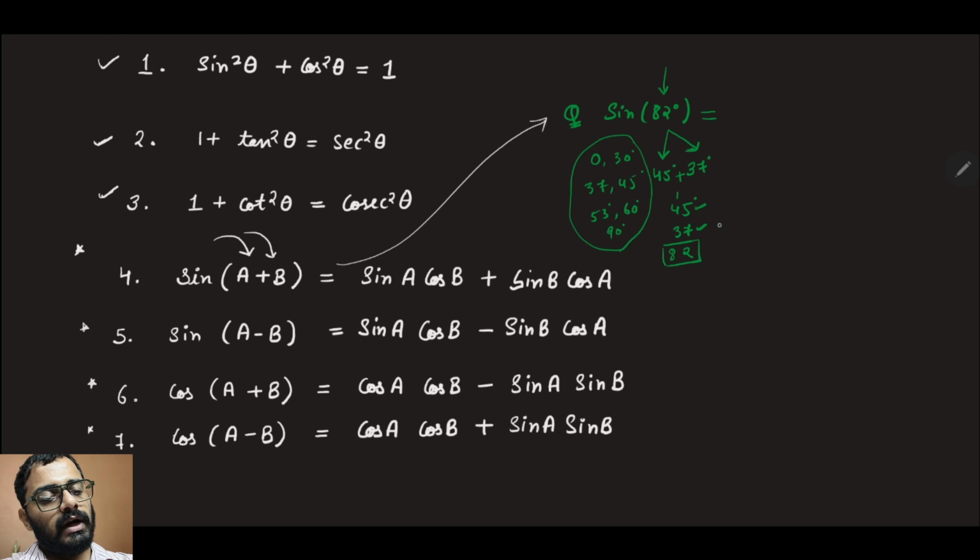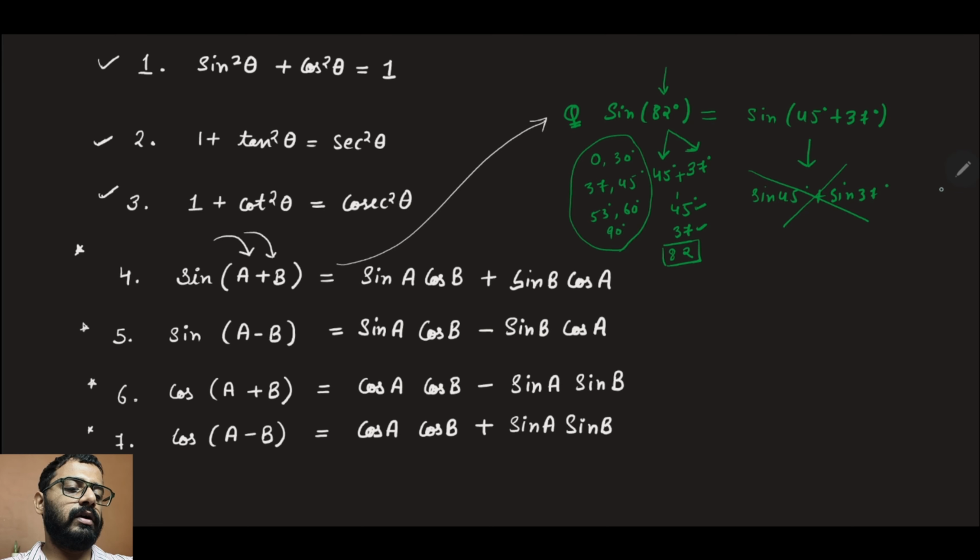So we can write sine 82 degrees as sine of 45 plus 37 degrees. You cannot write here sine 45 plus sine 37. That will be wrong, because here the angles are getting added, not the different values. So you cannot write this.